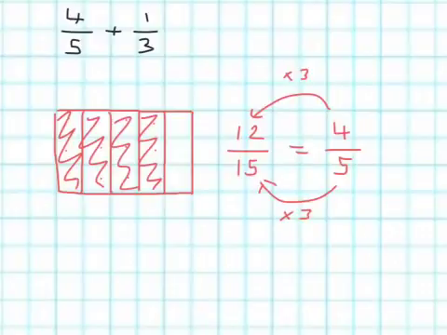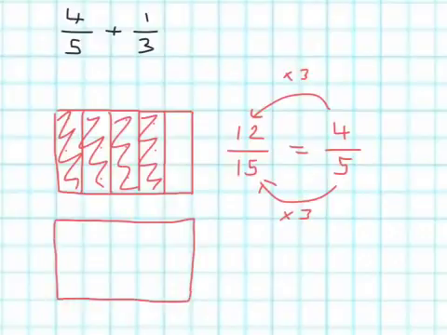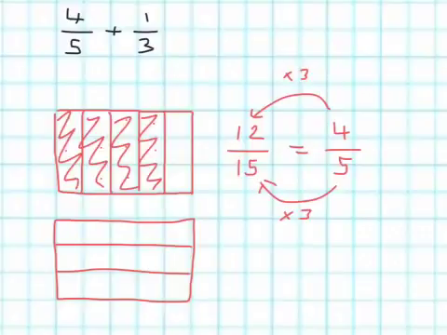Now obviously we've only done one of the fractions there, so I do the same rectangle again, a 5 by 3 rectangle, but this time I'm dividing it into thirds. So instead of dividing it vertically, I divide it horizontally, like so. Now my diagram's divided into thirds, 1, 2, 3 thirds, and when I look back at my original fraction, I need to shade in 1/3, so I shade in just the 1/3 across the top.